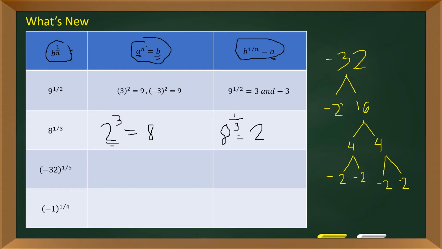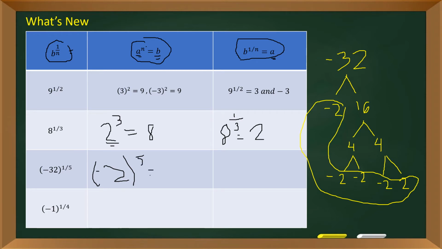So we have how many negative 2's here? We have 5 negative 2's. So if we express negative 32 into its exponential form, that is equivalent to negative 2 raised to 5. Negative 2 raised to 5, which is equivalent to negative 32.